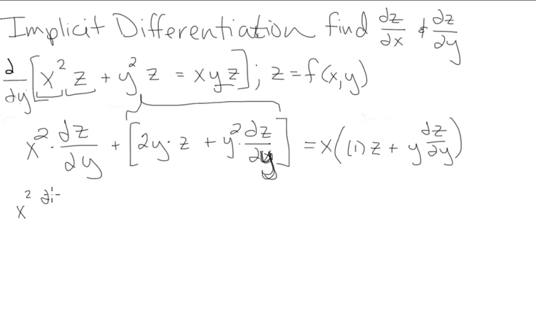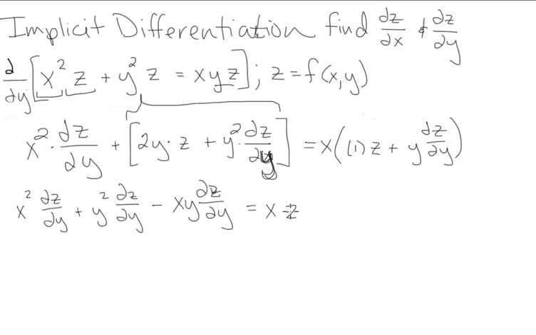I get x squared dz dy plus y squared dz dy equal, minus xy dz dy. And I'm going to move the 2yz to the other side. I get xz minus 2yz.